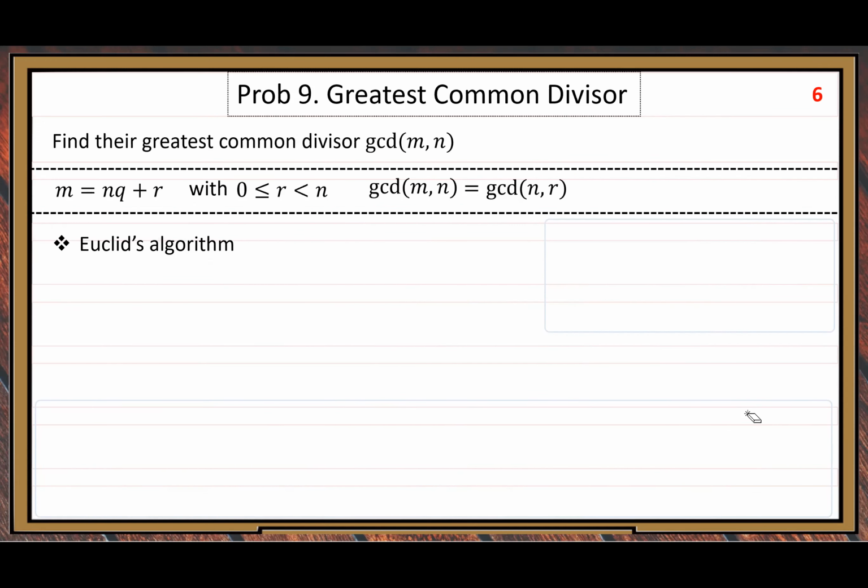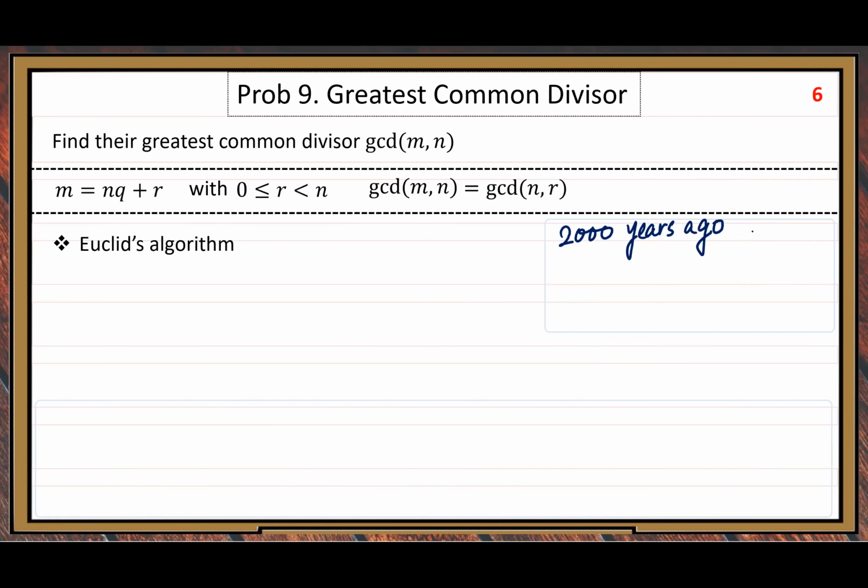Okay, so that method is called Euclid's algorithm. About 2,000 years ago, Euclid wrote a famous book, several volumes.